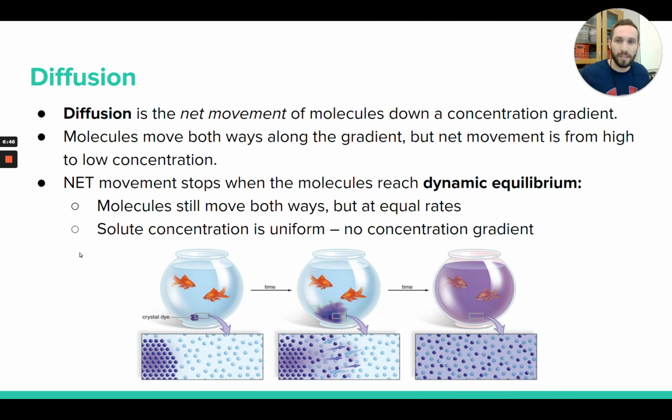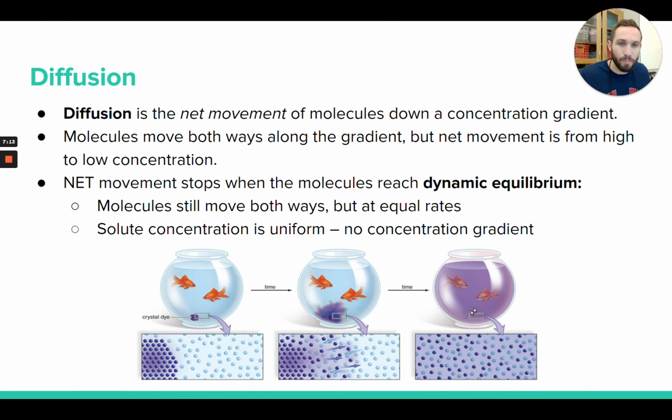And so a very simple example down here is like if I put a crystal made of dye in this fish tank, there's going to be a really high concentration of those dye molecules where this cube is. And what's going to happen through diffusion is those dye particles are going to want to start moving to all these areas that have a lower concentration until it gets to a point where this whole fishbowl now has the same concentration of dye everywhere.